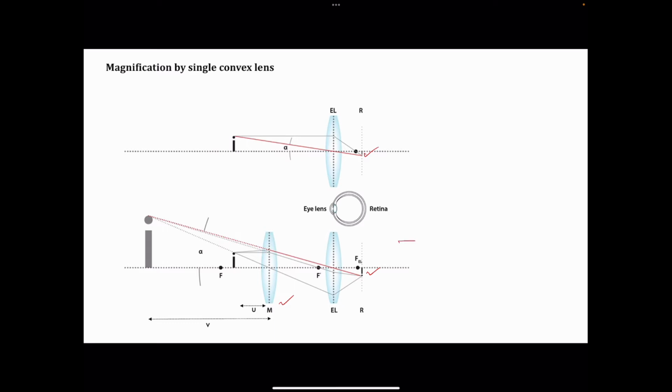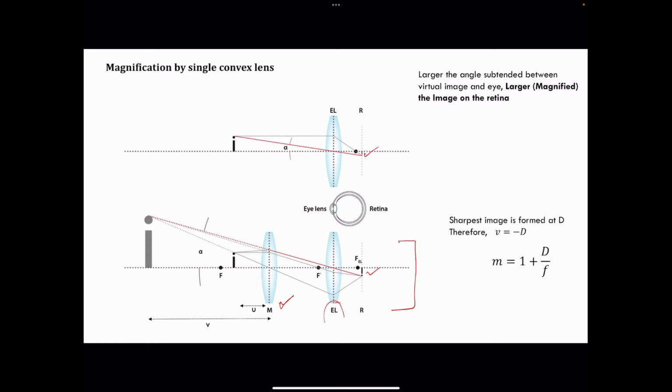So basically this is the scenario of what happens when you keep another convex lens as a magnifying lens in front of your eye lens. Now, the larger the angle subtended between the virtual image and the eye, the larger will be the magnified image formed on the retina. Now, we have to calculate the magnification associated with this kind of image formation.